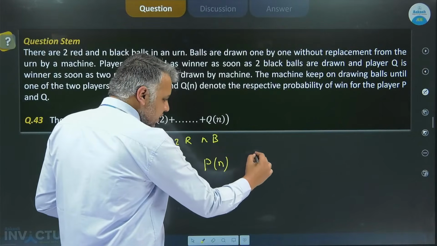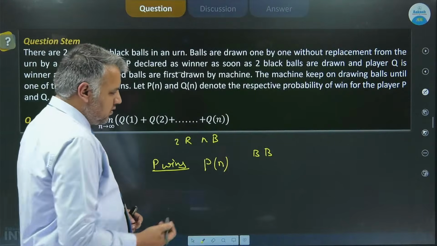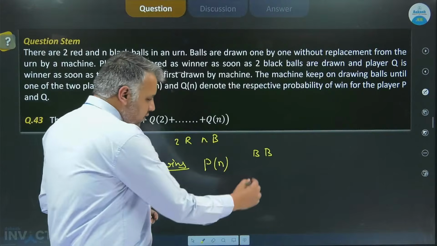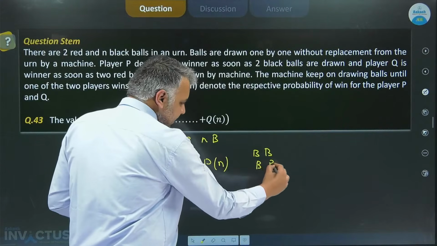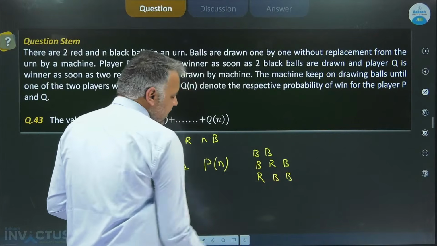So there can be black, black in the first 2 draws, or first black, then red, then black, or red, black, and black.